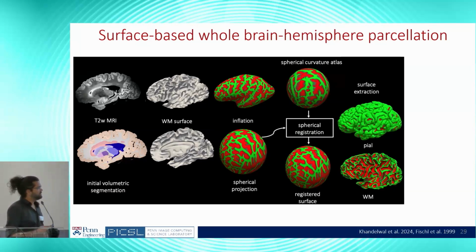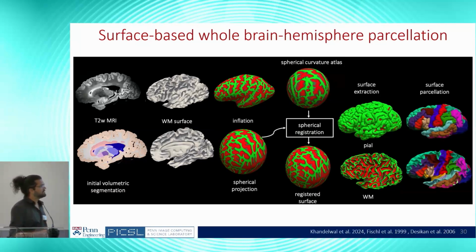And then after that, you easily get your pial surface and the white matter surface. And then finally, you can get whole brain surface parcellations at native subject space resolution. So the deep learning pipeline takes 5 minutes for inference, and this pipeline takes around 50 to 60 minutes, depending upon your computing power. And you don't need any GPU for this.